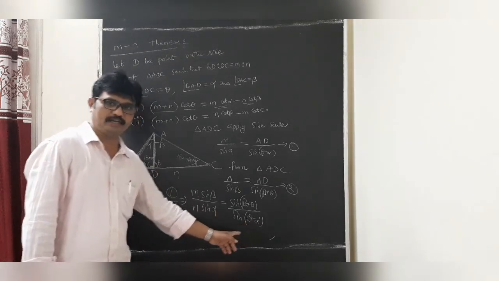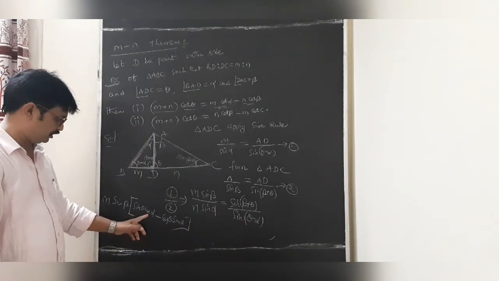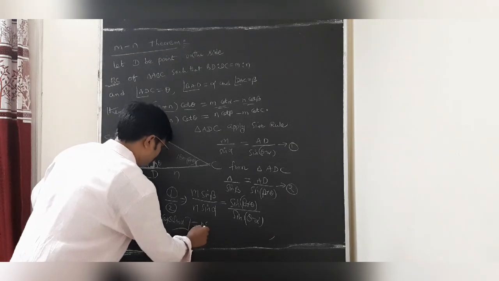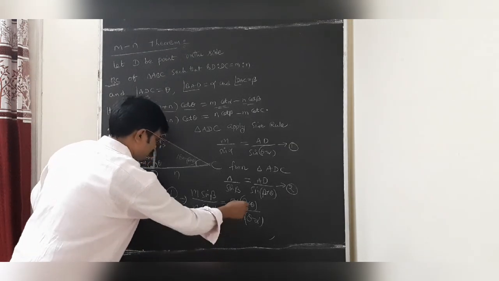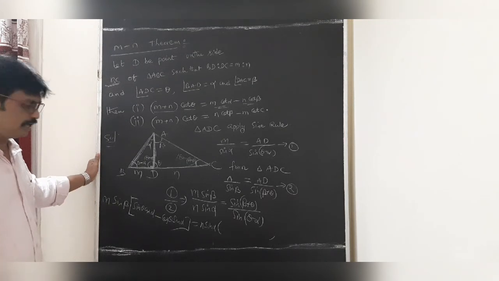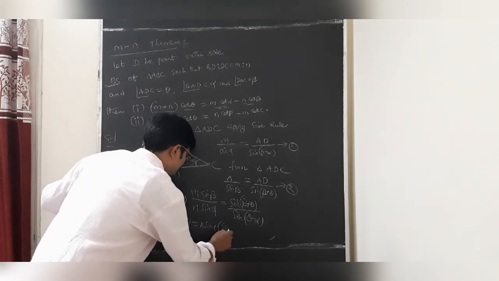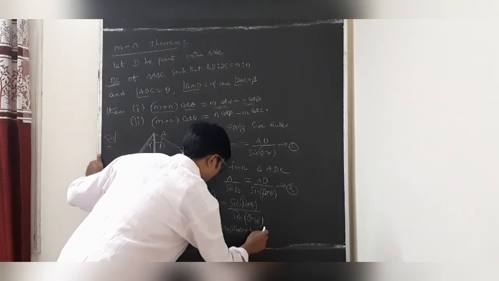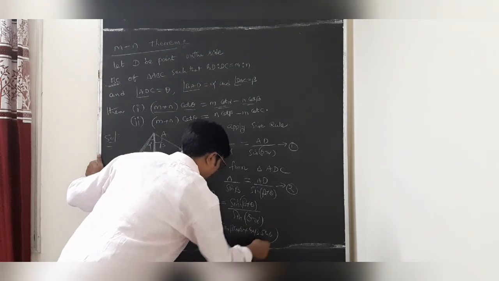Sine of (theta minus alpha) can be written as sine a cos b minus cos a sine b. So this is n into sine alpha into sine of (beta plus theta). Sine of (a plus b) is sine a cos b plus cos a sine b, that is sine beta cos theta plus cos beta into sine theta.